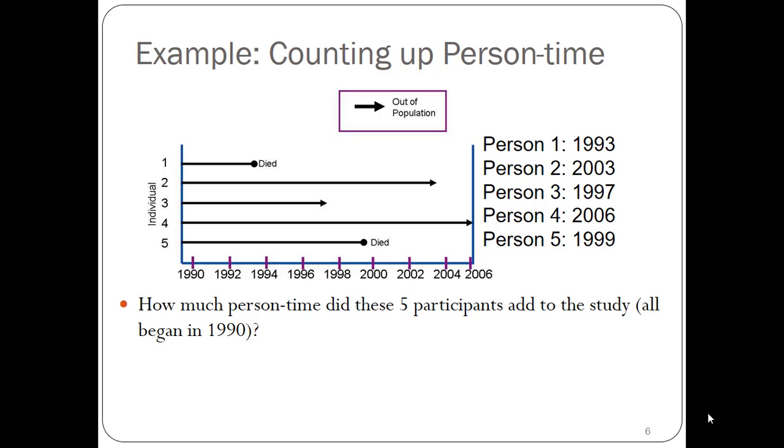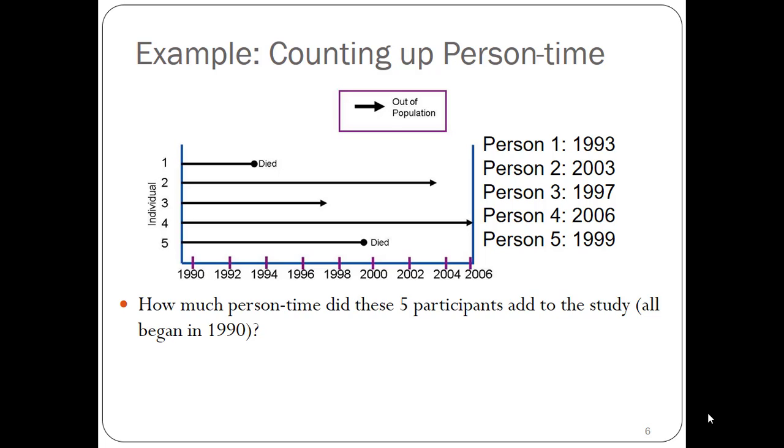Participants do not have to begin at the same time. Taking this example here, one participant could start in 1994 and be followed until 2004 and contribute 10 person years. Also, while it is ideal to calculate person time on an individual basis, this is time consuming and labor intensive in large studies. Thus, shortcuts such as using the average follow-up time may be used.